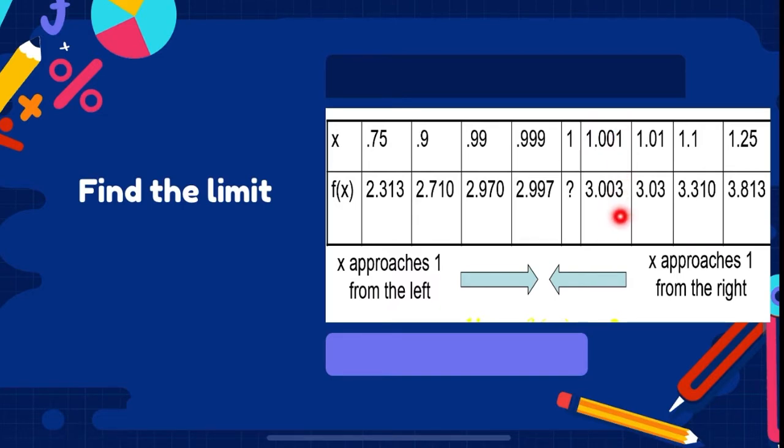And this means that when x approaches 1, f of x should be 3. Why 3? Because 3 is in between 2.997 and 3.003. So when x approaches 1, the limit of f of x is equal to 3.